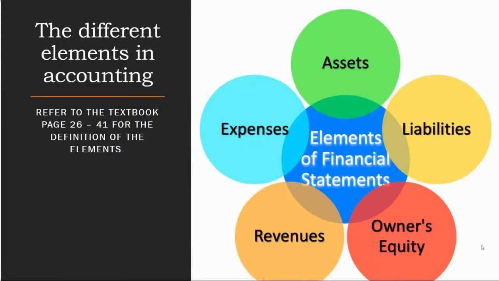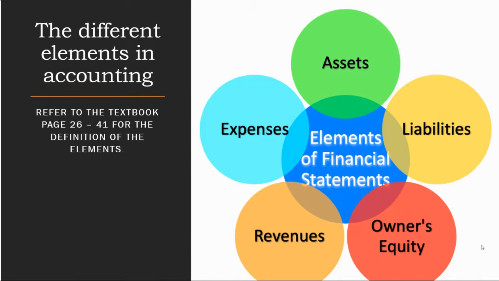Now, the different components in accounting are the components that feed into our financial statements. That is, at the end of the day, what we do. We take a transaction, we record it in our journals, then we record it in our general ledger. From there, we take it to the trial balance, and then once we've populated a trial balance, we flow it into our financial statements. All of these categories that make up the accounting equation actually flow into our financial statements, because that is what we want to achieve at the end of the year.